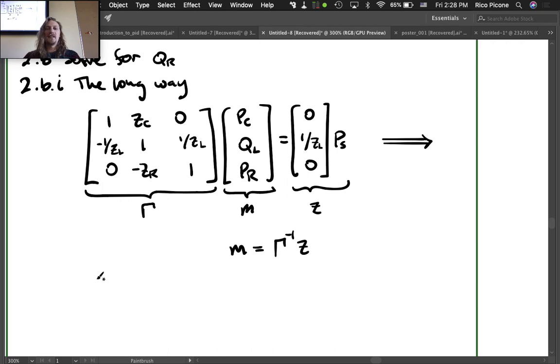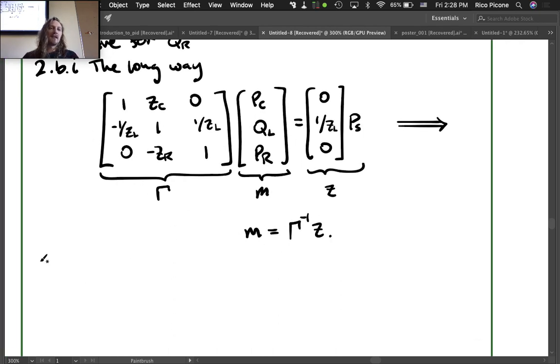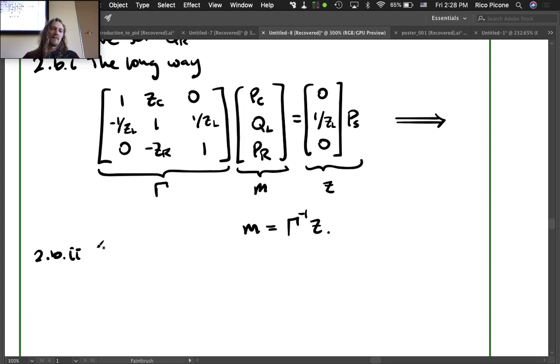In this case we can go with the 2b2 way, which is to say substitute and find QL.